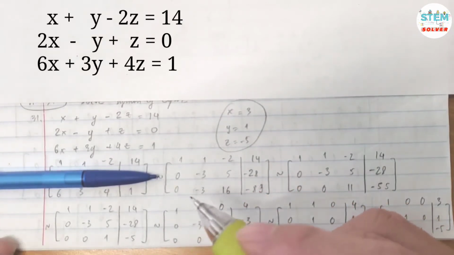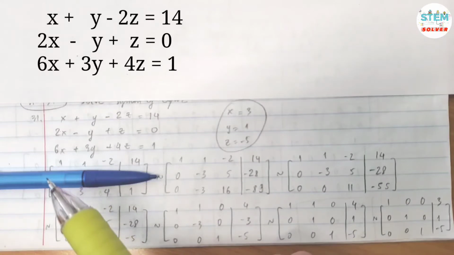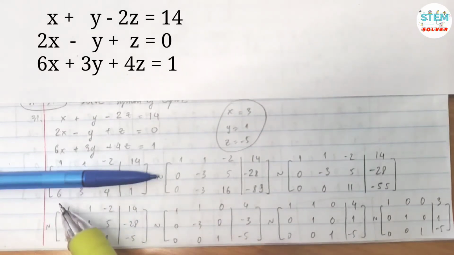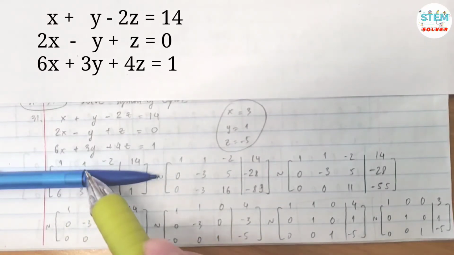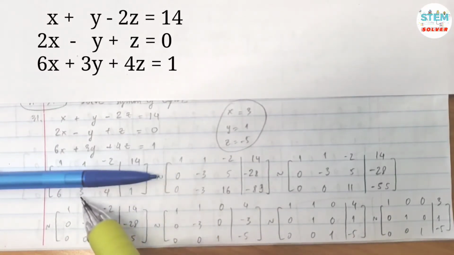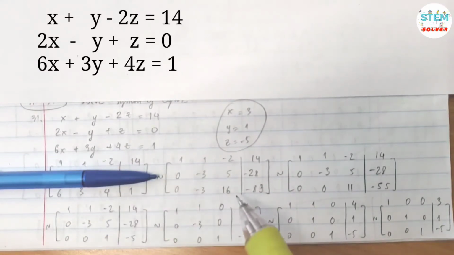In order to get 0 for the first entry of the third row, I need to multiply the first row by negative 6 and add it onto the third row. Negative 6 times 1, negative 6, plus 6, 0. Negative 6 times 1, negative 6, plus 3, negative 3. Negative 6 times negative 2, positive 12, plus 4, positive 16.